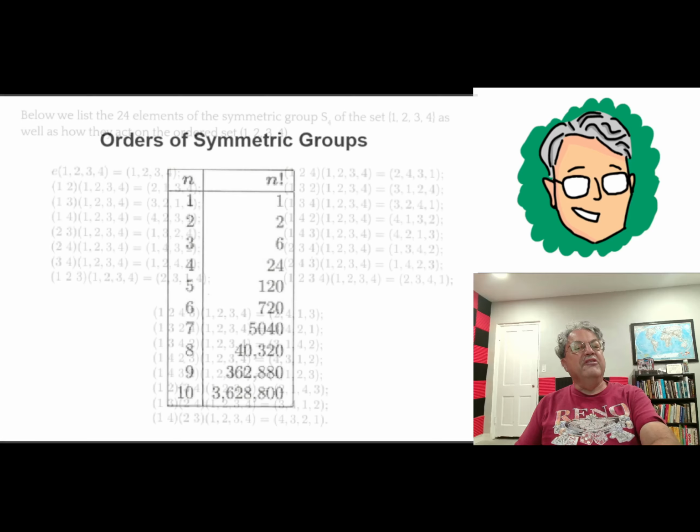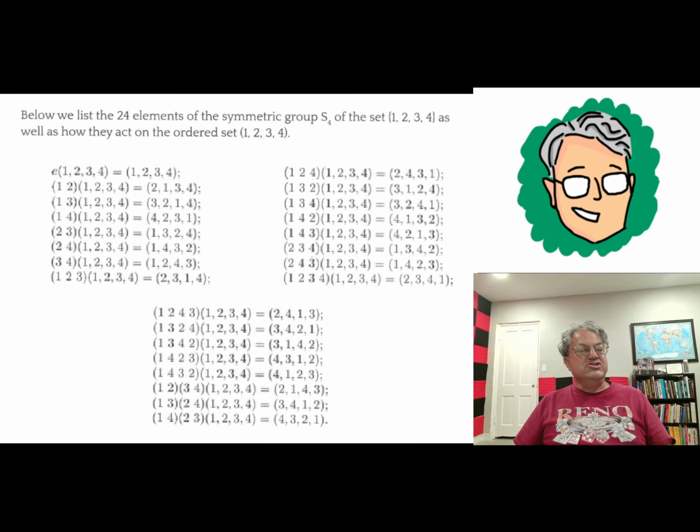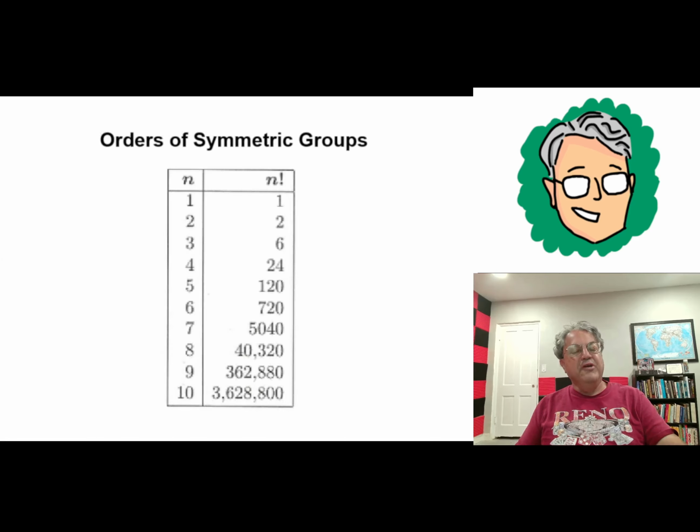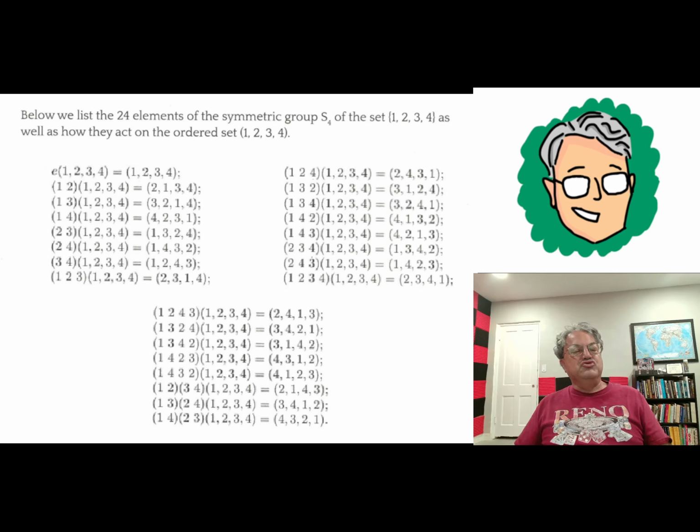But anyway, just to see the elements. So for instance, 4 factorial is 24. That means that the permutation group S sub 4, the group of permutations acting on a set of cardinality 4, has order 24. It has 24 elements. And so if we started with a set 1, 2, 3, 4, there's exactly 24 permutations of that ordered set.